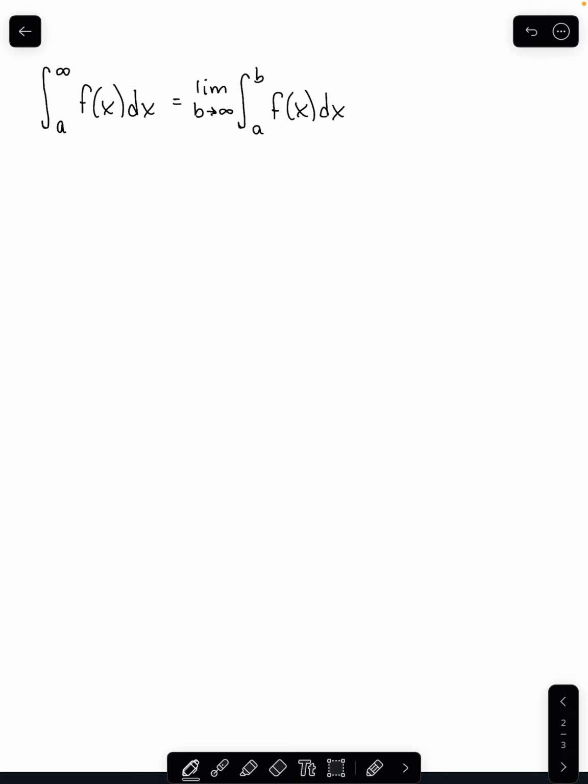But it would leave us with an expression in terms of the upper limit b. We would then apply the concept of a limit to that expression so that we could then see, well, what's going to happen as the right endpoint of this interval extends further and further outward.